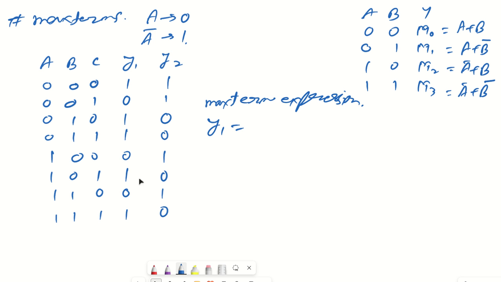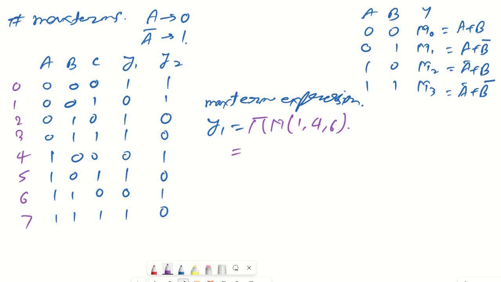So what is the first step? Write the values in decimals: 0, 1, 2, 3, 4, 5, 6, 7. I can write it as the product of max terms, wherever it is 0, those terms you have to take. So this is 1, and then 4, and 6. So 1, 4, 6.